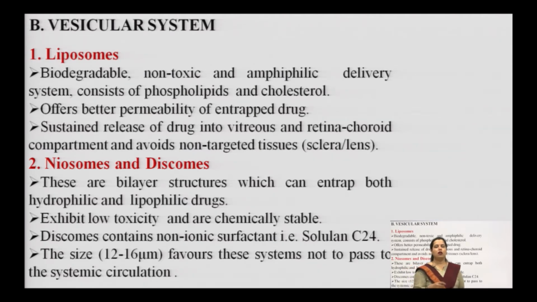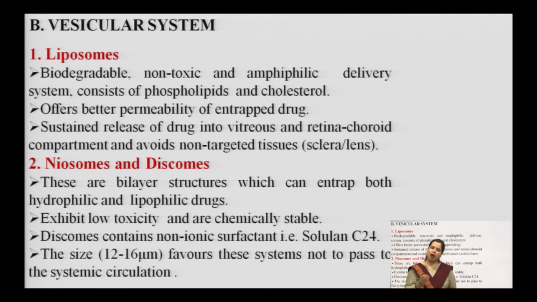So, basically niosomes and discosomes are another category of liposomes in which, instead of phospholipids, non-ionic surfactants are used, right, along with the cholesterol part.